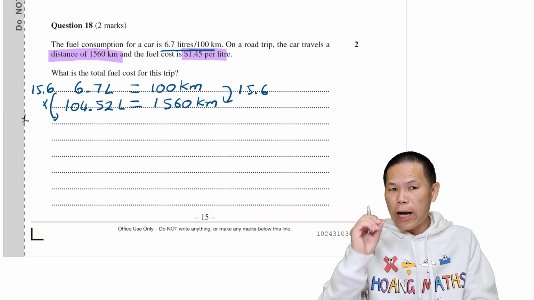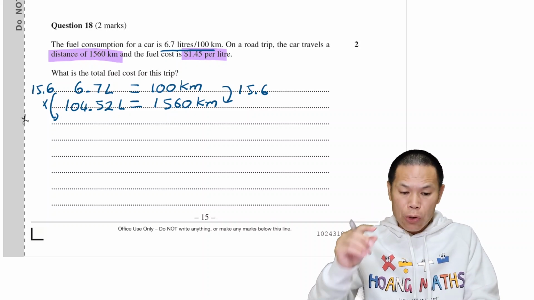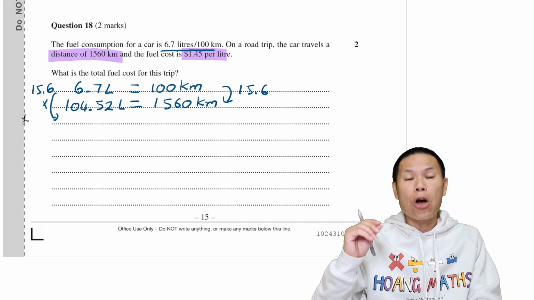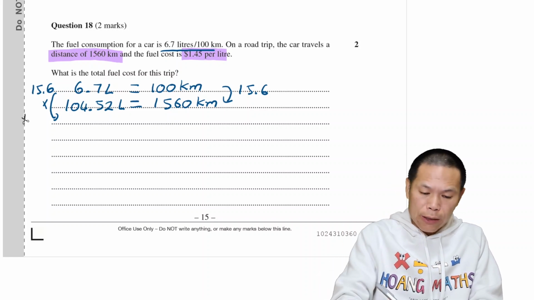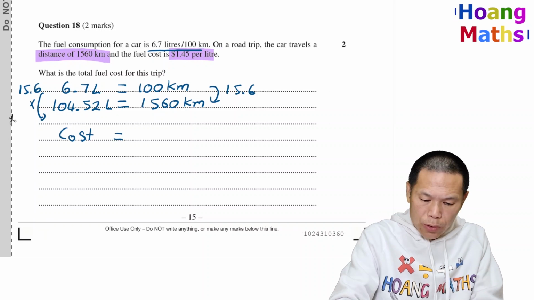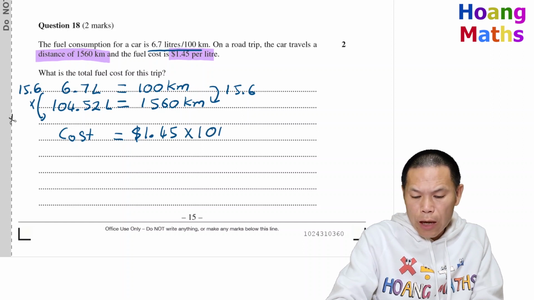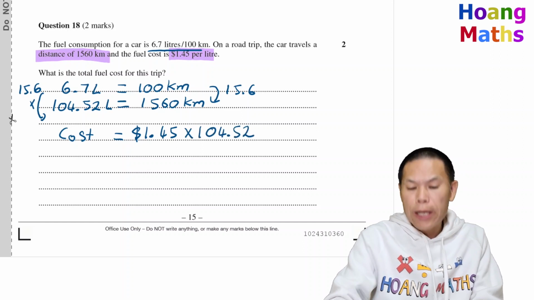Now we need to work out the cost for 104.52 liters, because every liter costs $1.45. So the cost is equal to $1.45 times 104.52 liters.